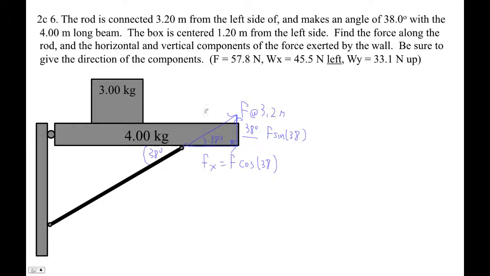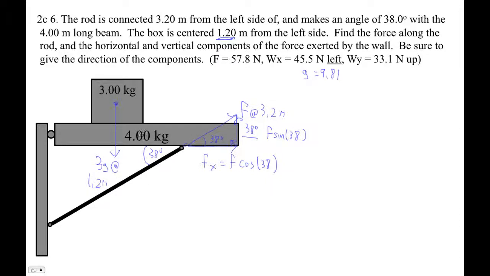Okay, our other forces acting on this thing are, of course, force of gravity. So we got 3 times g, where g is 9.8. Right, so 3 times g, and then where is this guy? The box is centered 1.2 meters, so this is at 1.2 meters.